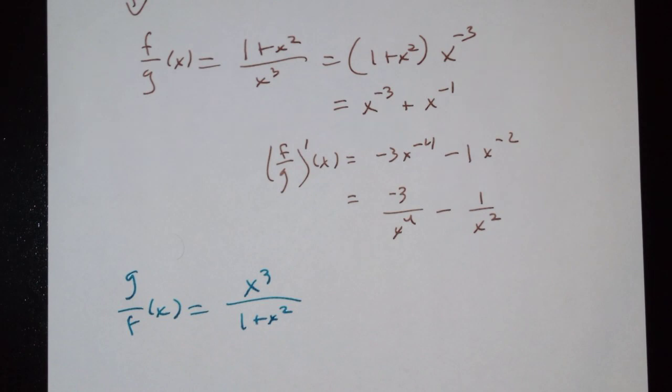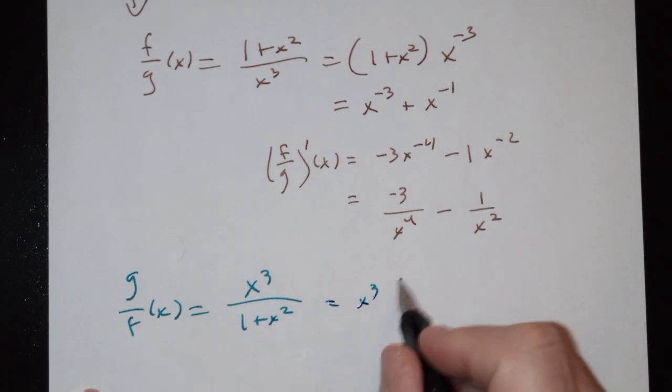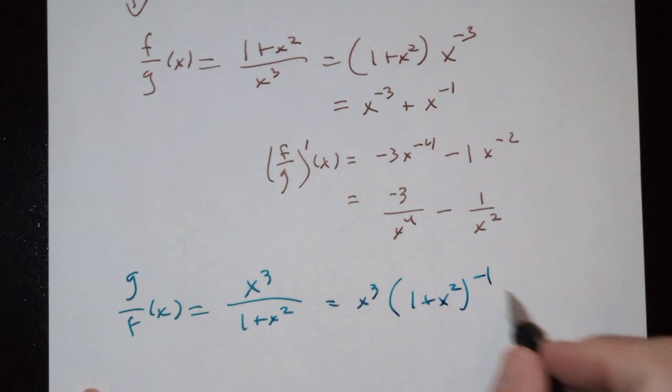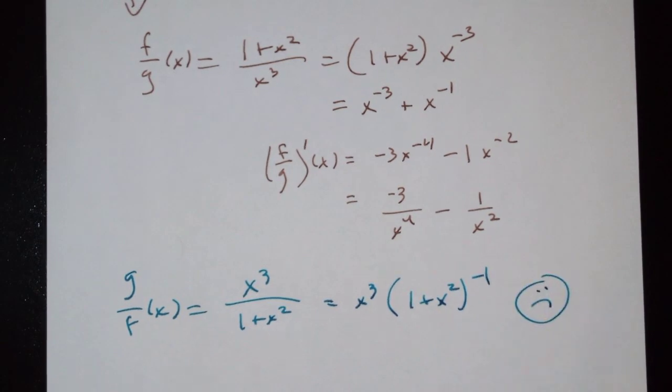I can really only bring that up, the x cubed out of the bottom, because it was simple. This denominator is compound. It's got more than one piece to it. So if I go to bring that up, the whole thing needs a power on it. Really, I would have to do this. And this power within power jazz, because there's an addition in there, I can't simplify that. This is stuck.